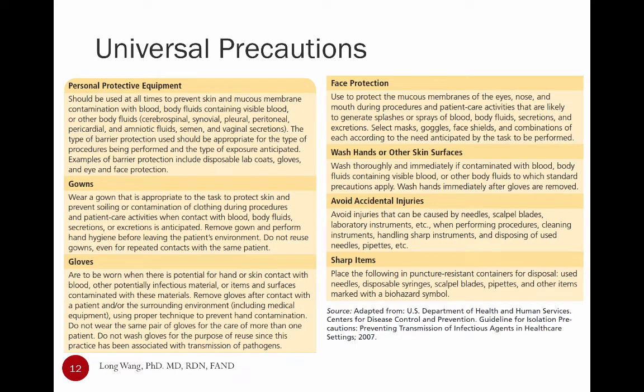Here's a summary from the table. We could use gowns, gloves, face protection. Sometimes we have to wear masks, and we should remember to wash hands or other skin surfaces. We don't want certain things to stay on our skin for a long time, and we also want to avoid accidental injury.